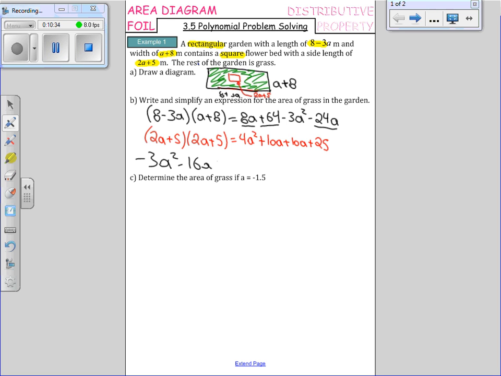We're going to subtract all of that. So I brought like terms together, then I wrote it as the area of the rectangle minus the area of the square. I'm going to have to apply that negative in.